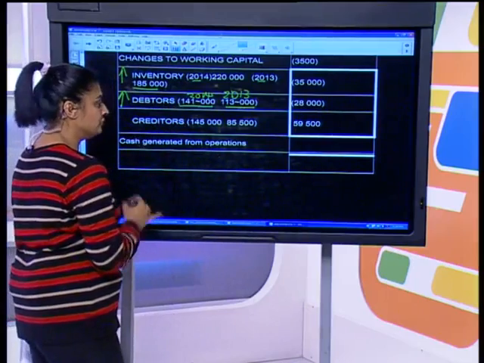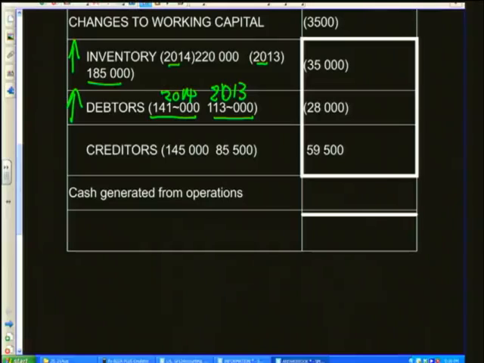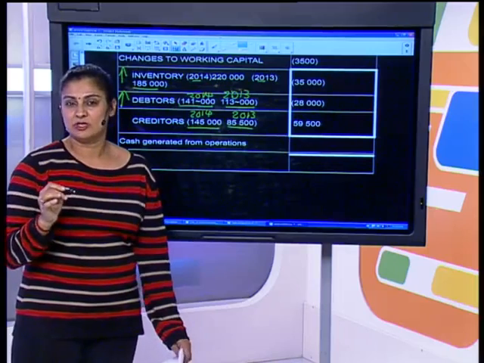Right, move on to creditors, the last component of our working capital. So in terms of our creditors, again, guys, 2014 is being compared to 2013. So start with 2013. We were owing our creditors 85,500. 2014, we're now owing our creditors 145,000. Now remember, guys, the longer you take to pay your creditors, the better it is for liquidity.